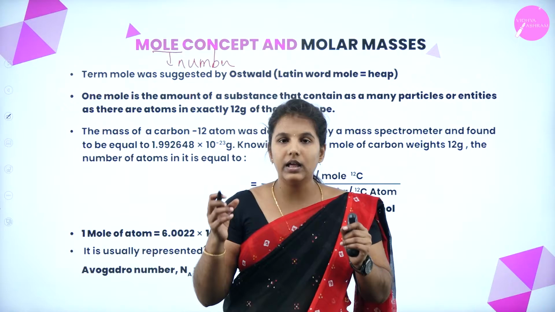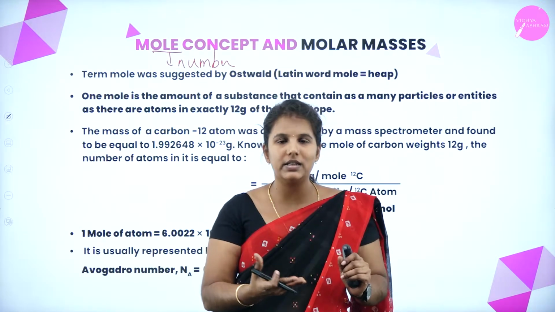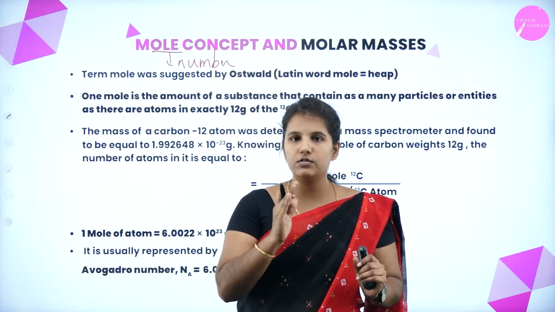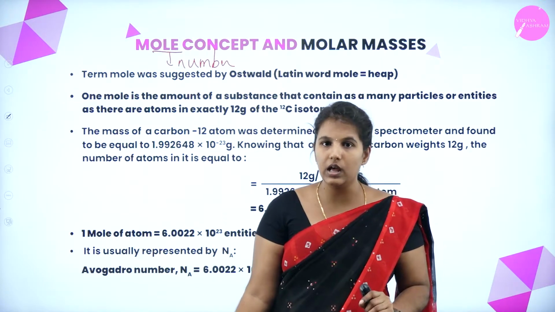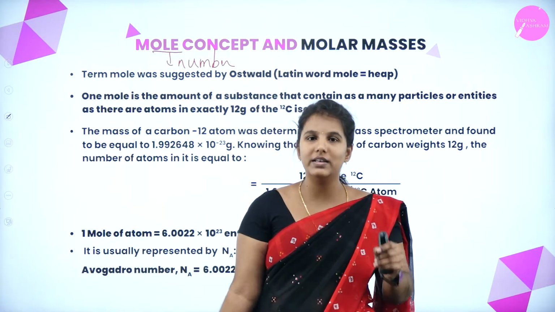Like that, in chemistry, in order to count microscopic entities such as atoms, molecules or ions, we use the word mole. Generally, we can say that mole is nothing but a number.